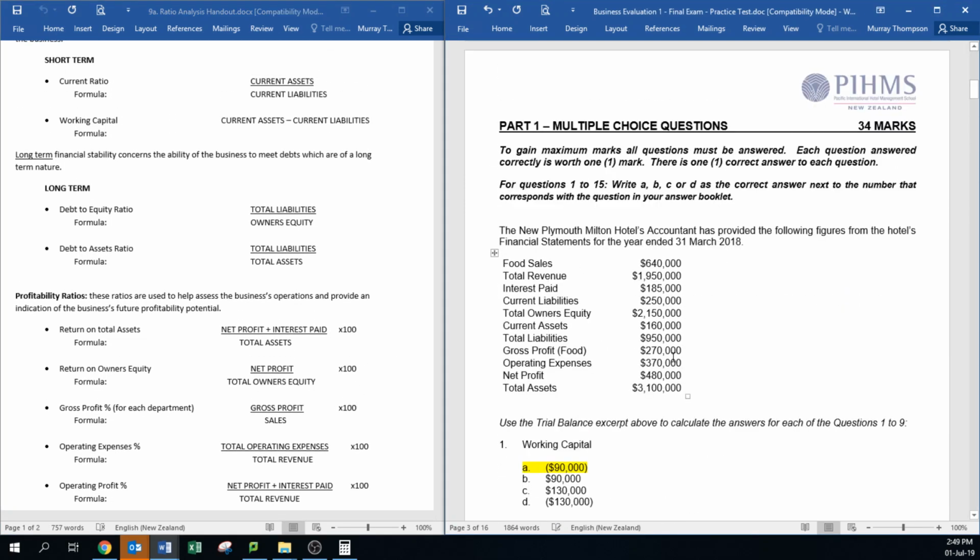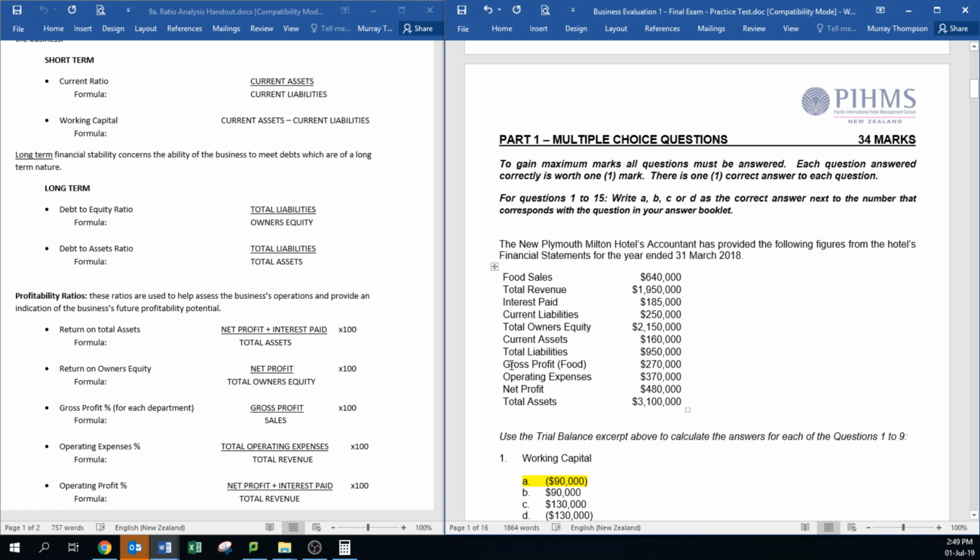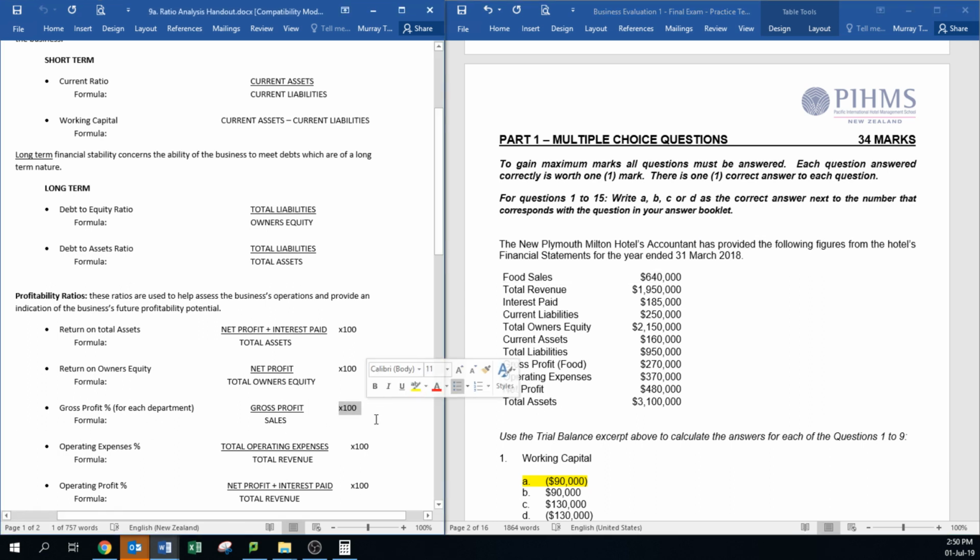Let's have a look at the figures. We want the gross profit for food, so that is 270. Then hit the divide by key, and find the sales for food. Here it is, 640. Now hit the equal sign on your calculator, and then do the final part, which is times by 100 to get it as a percentage.